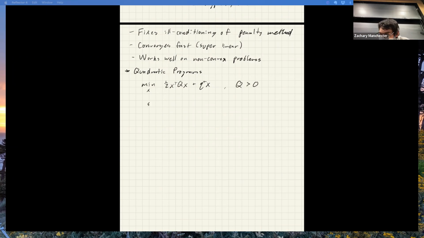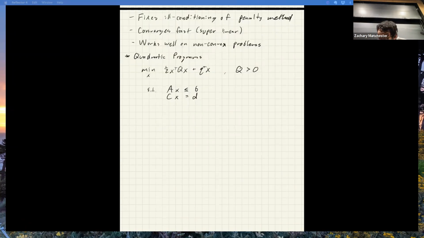Then we're allowed to have linear constraints, which is the definition of a QP. Here we'll say Ax less than or equal to b and Cx equals d. So we have a convex quadratic objective function, and then linear inequalities and linear equalities. Very useful in control, and can be solved very fast.